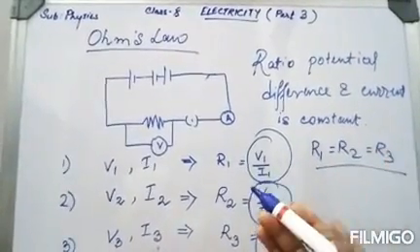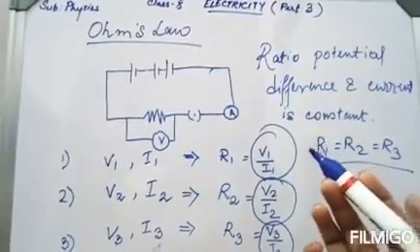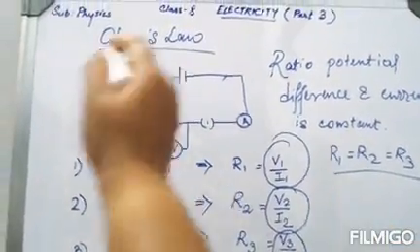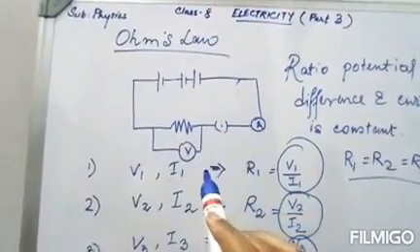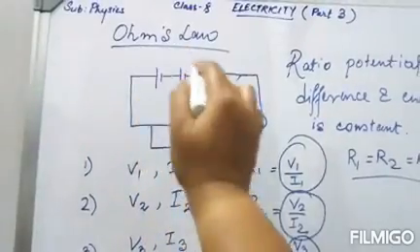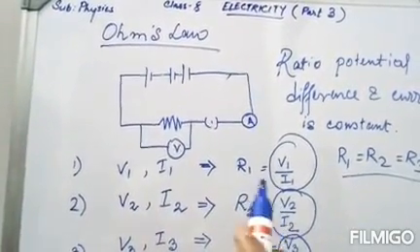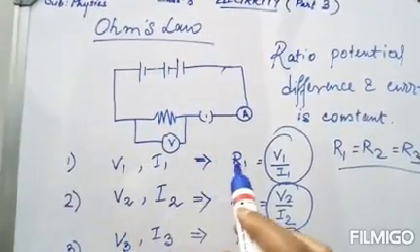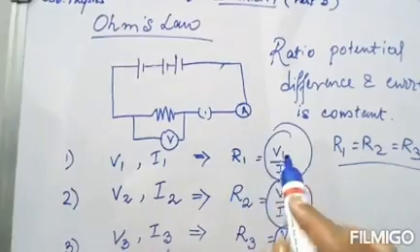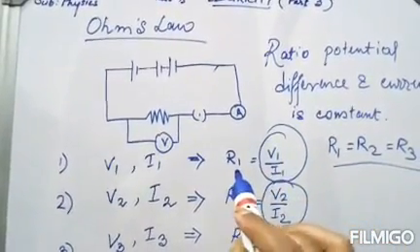So if a 3 marks question comes like what is Ohm's law and experimentally show how to derive Ohm's law, you will be drawing this circuit and writing that let us connect 3 cells. Let us connect only one cell and check the voltmeter and ammeter reading. Let that be V1 and I1, and the ratio let that be taken as R1.